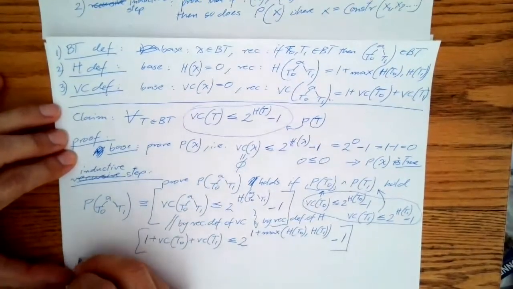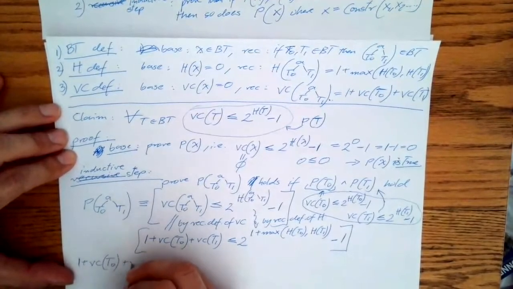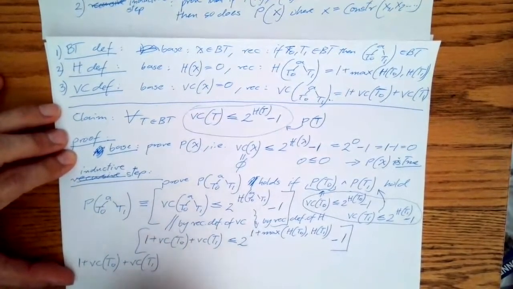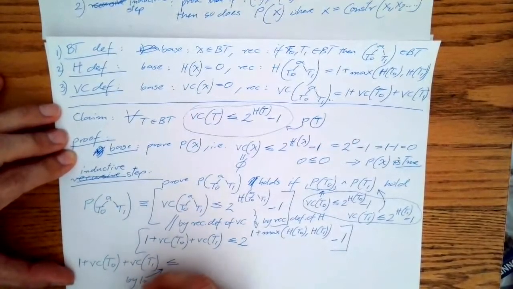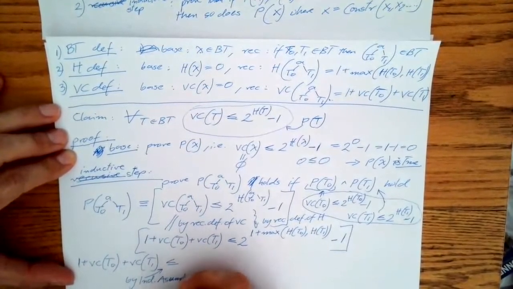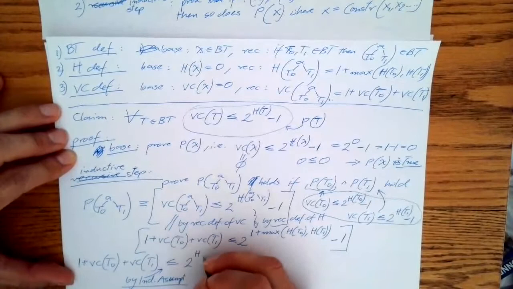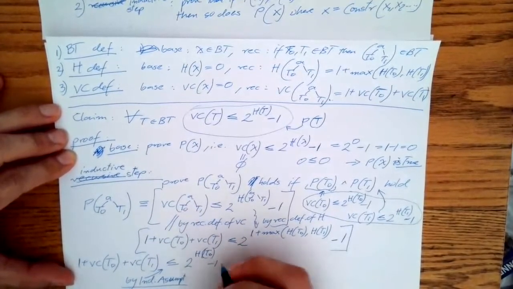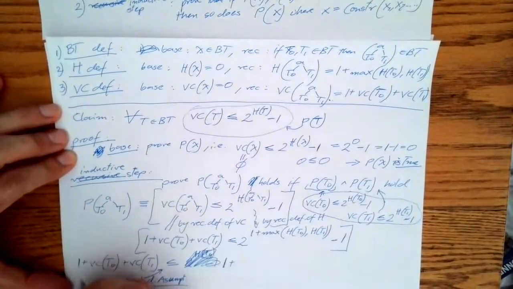Okay, so let's look at the left-hand side. VC, 1 plus VC of T0 plus VC of T1. Now, by the inductive assumption, VC of T0 is upper bounded by 2 to the H of T0 minus 1. Sorry, I forgot 1, so I have to copy 1.